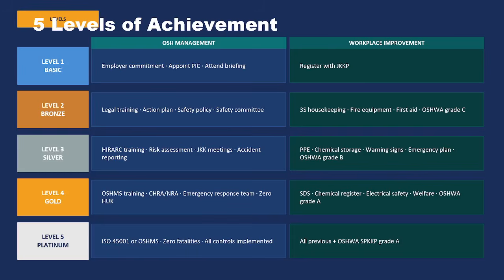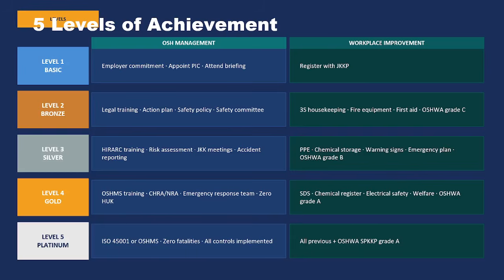Level 4, Gold. Now we move to OSH management systems. The PIC attends 2 days of OSHMS training. The company conducts CHRA, Chemical Health Risk Assessment, and NRA, Noise Risk Assessment, if relevant. An emergency response team is established. The company must have 0 HUK accidents in the current year. 50% of the recommended control measures from the risk assessment must be implemented.